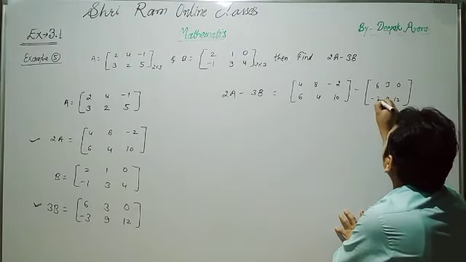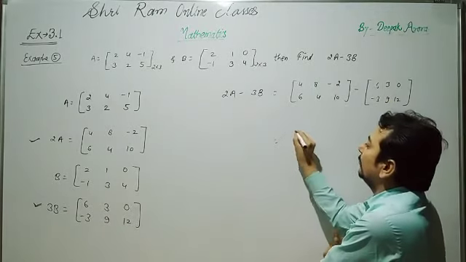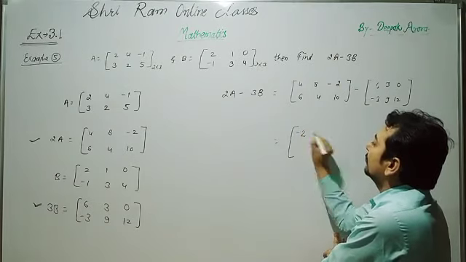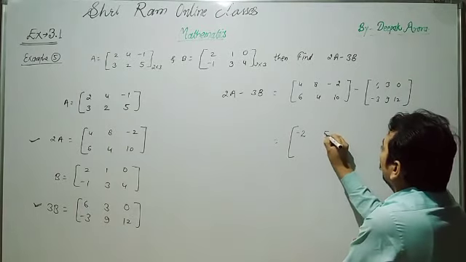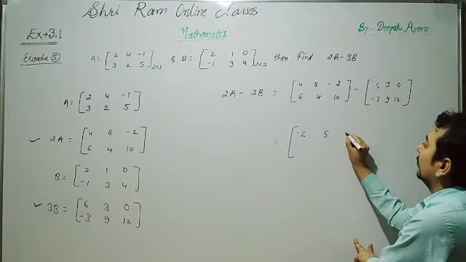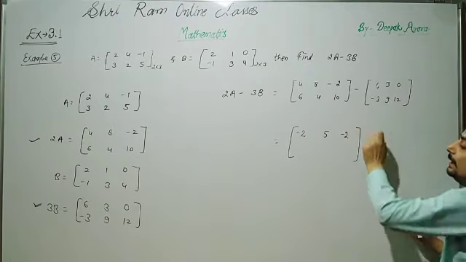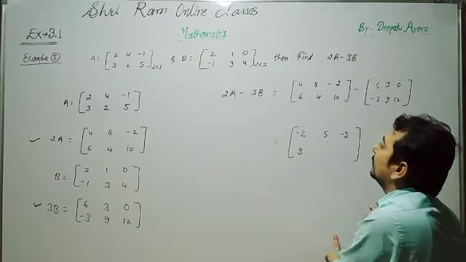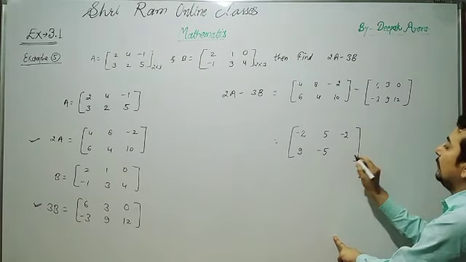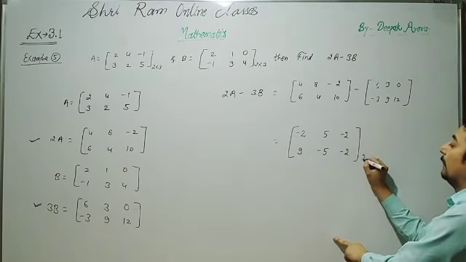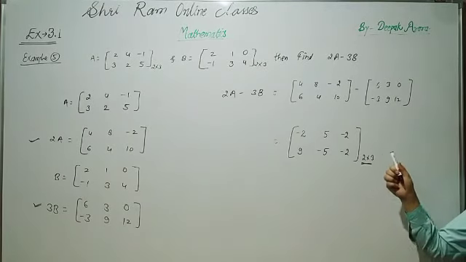Then 2A minus 3B: 4 minus 6 is minus 2, 8 minus 3 is 5, minus 2 minus 0 is minus 2, the first row. And now 6 minus minus 3, plus 3, is 9. 4 minus 9 is minus 5. 10 minus 12 is minus 2. That is the final value. And we can also see the order is again 2 cross 3.